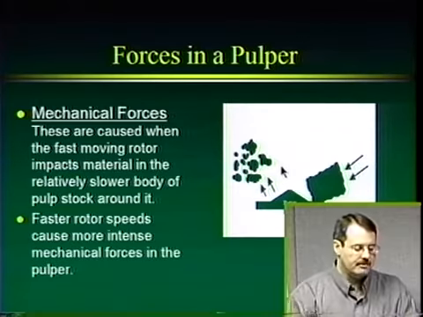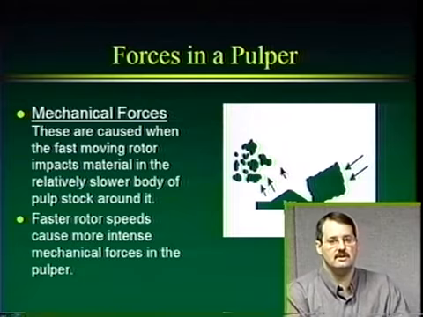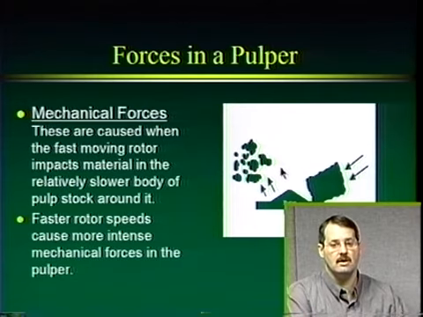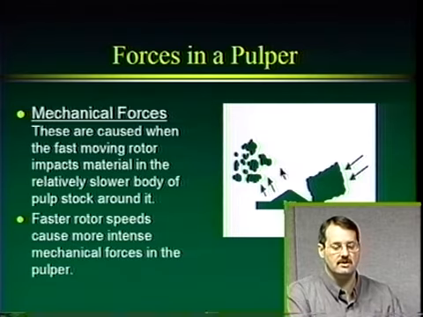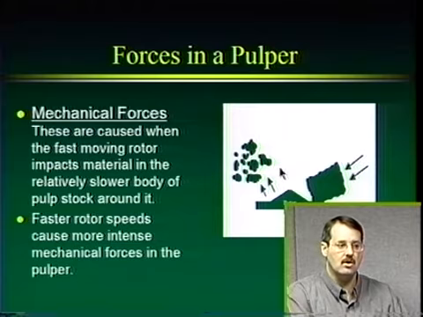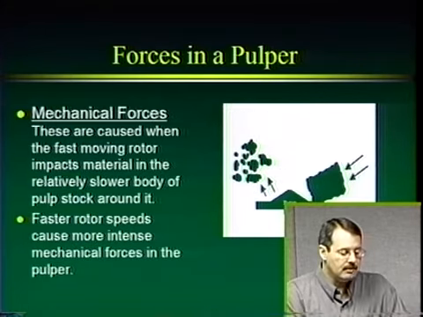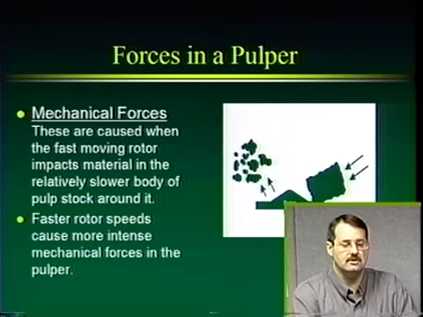Okay. Now, the next thing I want to talk to you about is the general forces that occur in the pulper. These different forces have different effects on the paper and fibers, so it's important that we go over them. Mechanical forces are the first force that you'll come across.